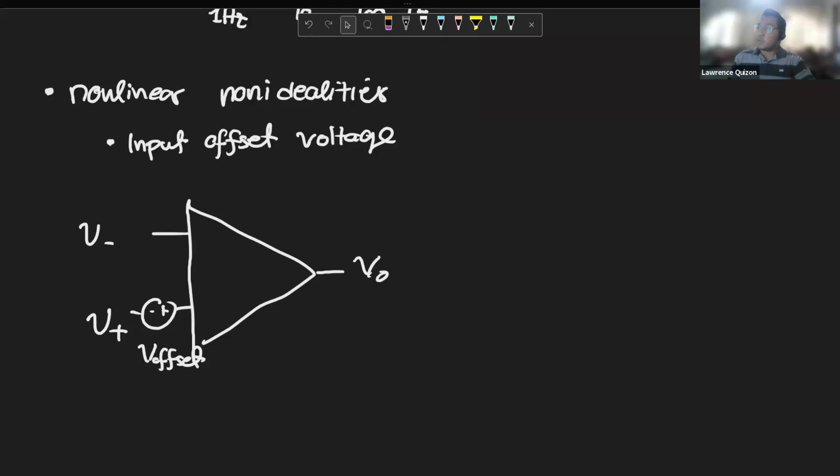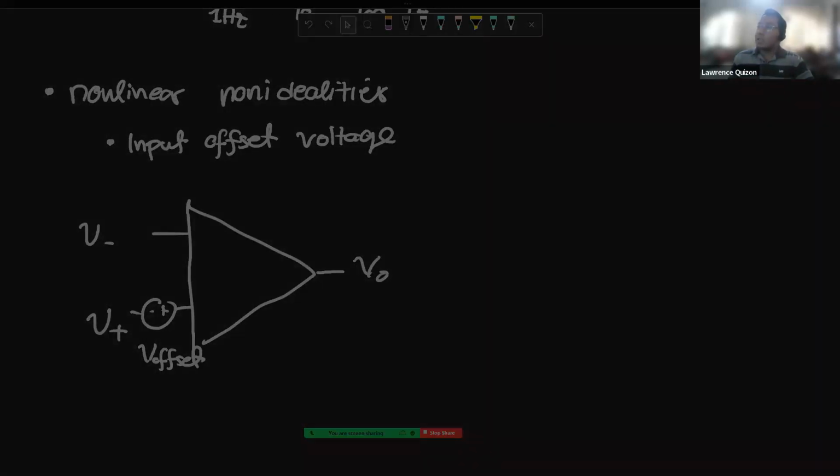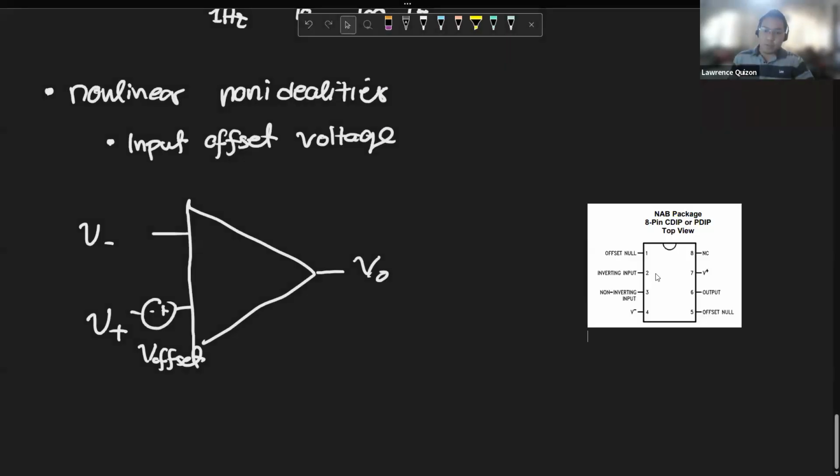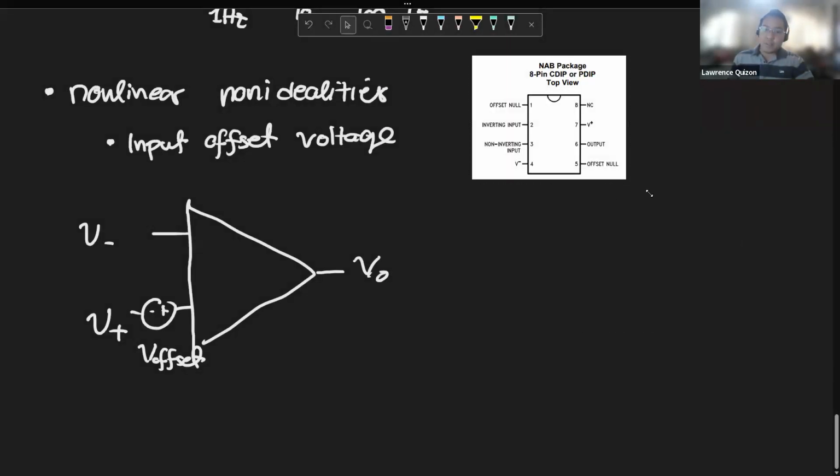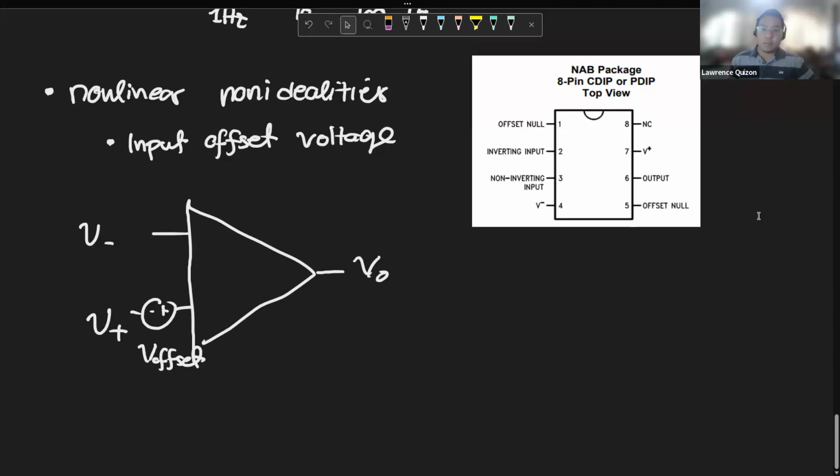And you've seen this before. Well, rather, you've seen the consequences of this, no? So this is the LM741 pinout. You guys have probably seen these two inputs. This offset null is what you use to remove the offset voltage.